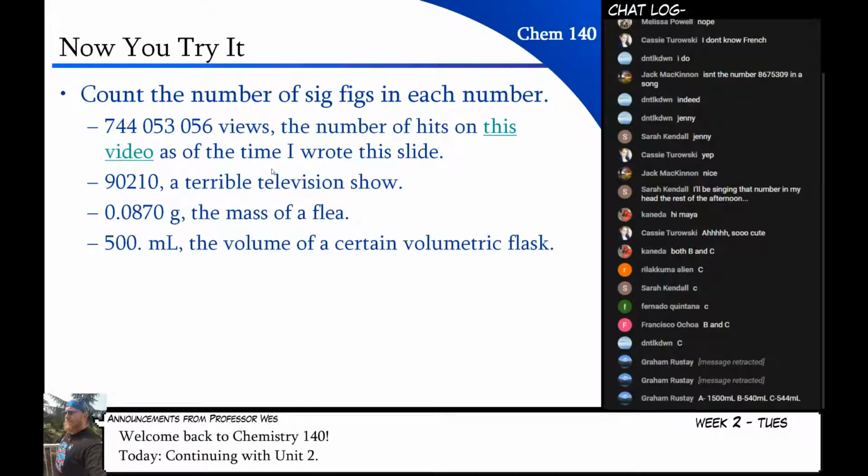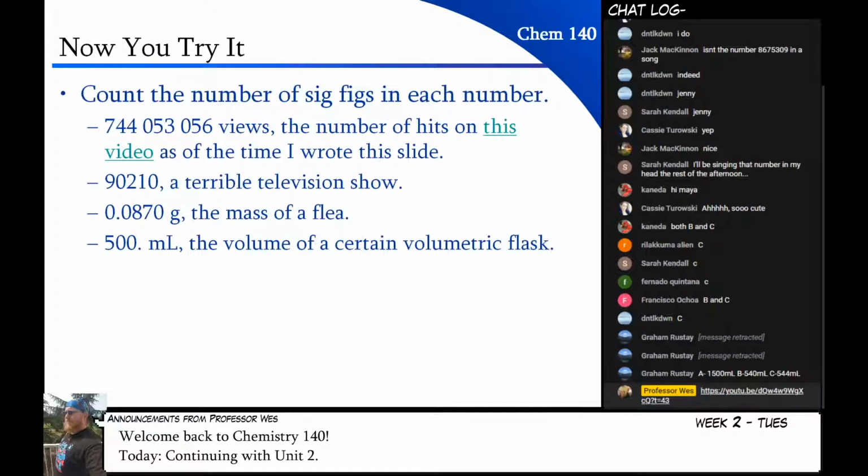When I did this slide, I copied this video and I counted the number of hits that it had. So I'm going to paste this in here. Tell me the number of significant figures that that number has, and then you can watch the video and see if you're right. And then finally, do the other 4 things. Tell me how many sig figs each of those numbers has.